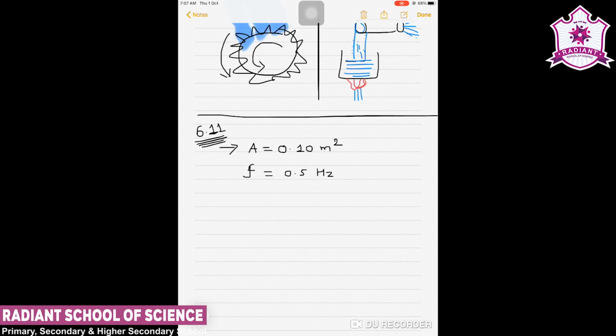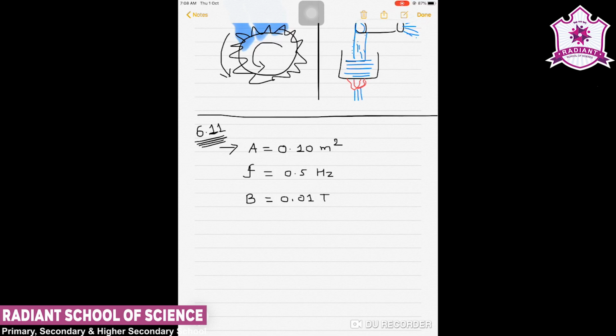The coil is placed in a uniform magnetic field of 0.01 Tesla. So this magnetic field is 0.01 Tesla over here. This magnetic field is perpendicular to the axis of rotation of the coil.